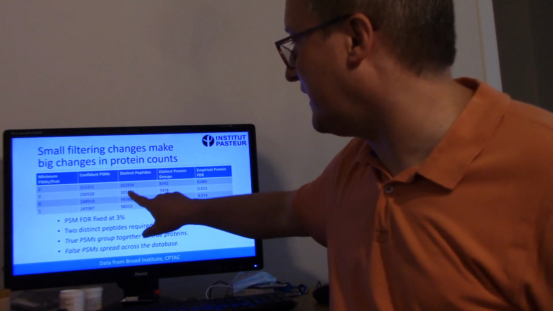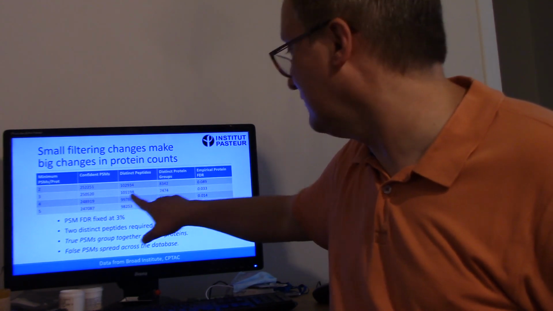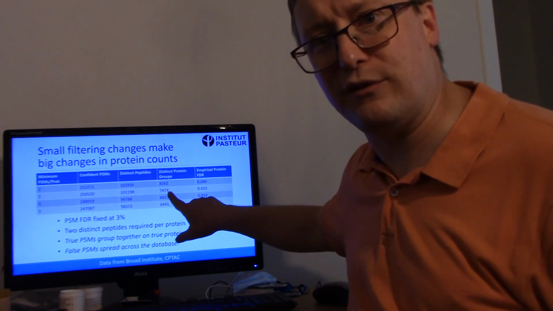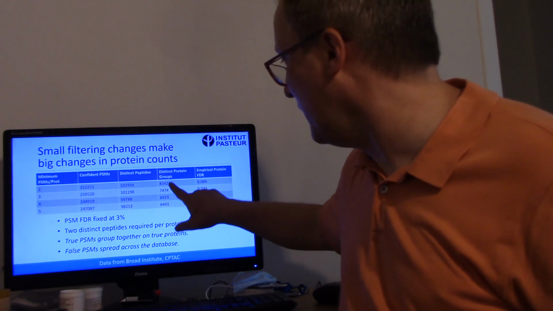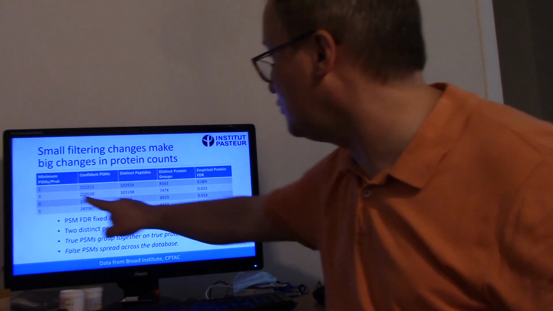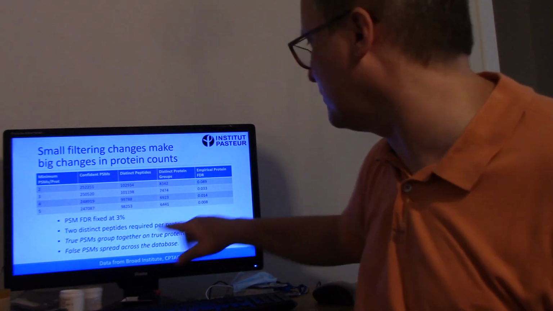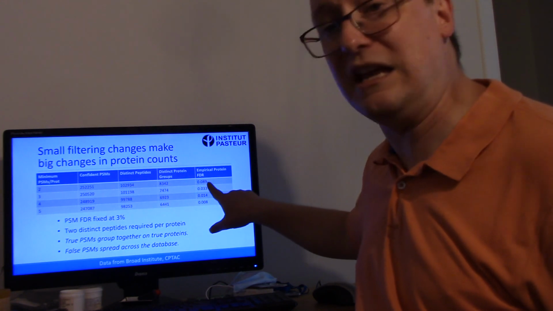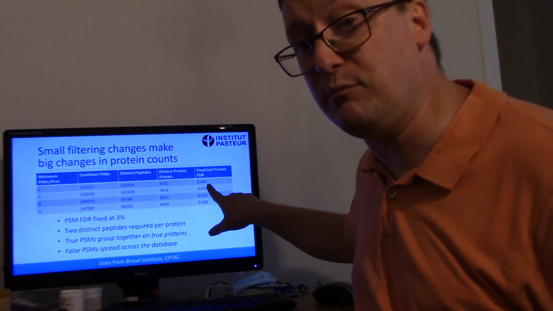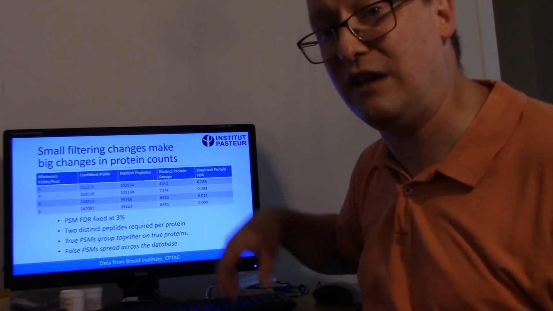The number of peptides falls from about 103,000 to about 101,000. The number of proteins, however, changed hugely. About 1,000 proteins fall off of our list in just going from a requirement of 2 PSMs to 3 PSMs per protein. And now we see that instead of having an 8.9% protein FDR, we have a 3.3% FDR.